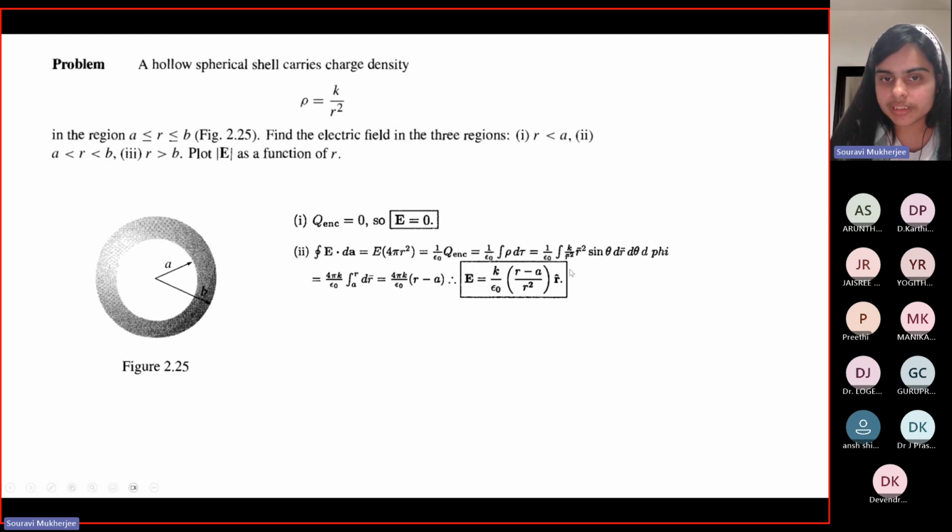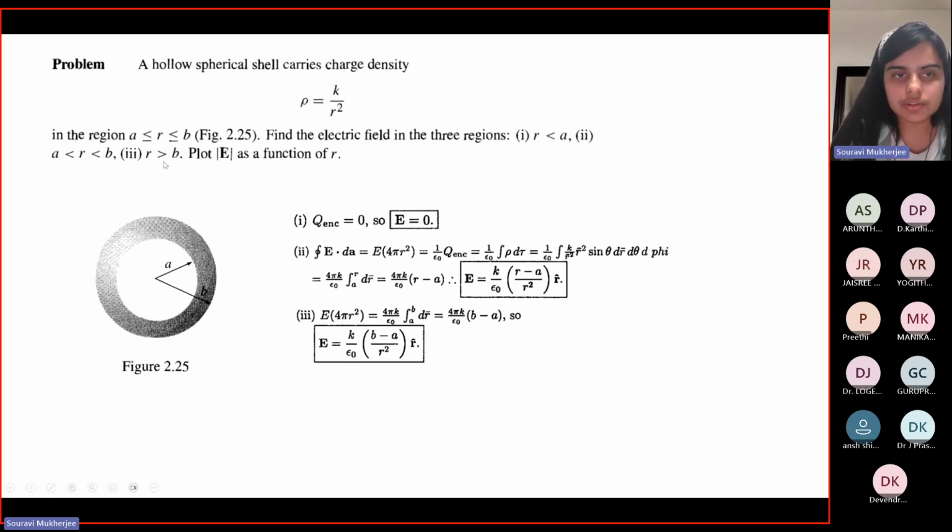And there you have to do an integration starting from A to r, your Gaussian sphere radius. And if you use Gauss's law, you'll find an expression for the electric field. And from symmetry, it's clear that it should be in the radial direction, right?